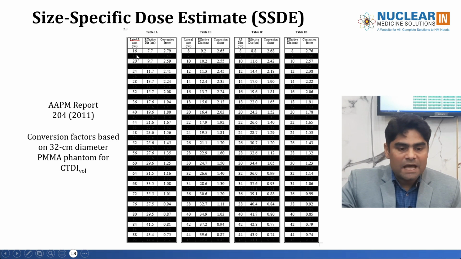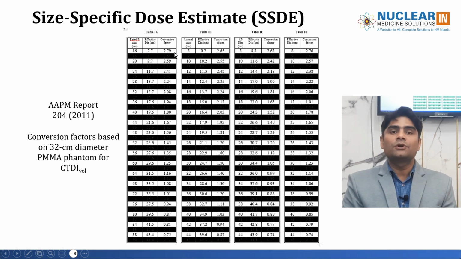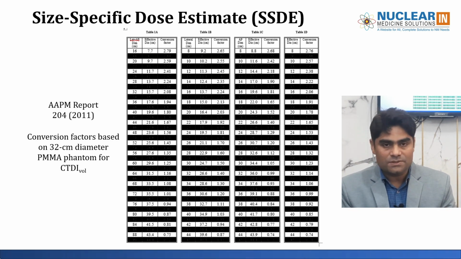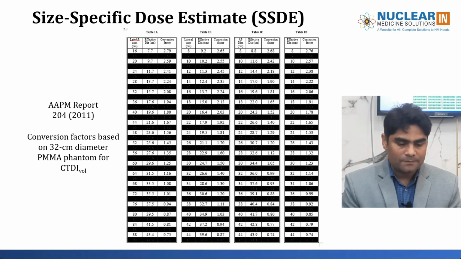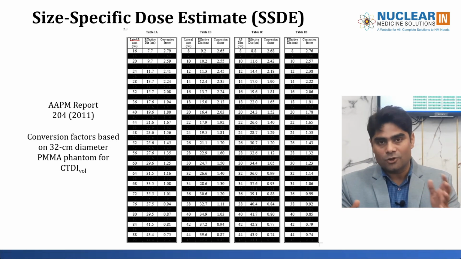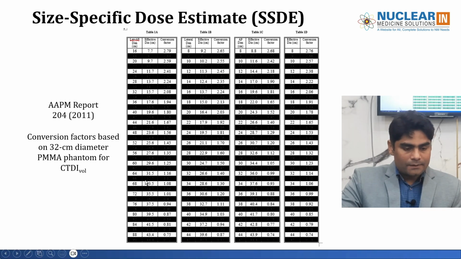If the patient has a diameter of 16 centimeters, the conversion factor will be 2.79, meaning the radiation dose to this patient will be almost 2.79 times more than the standard patient. And if the patient is very bulky, the conversion factor will be 0.72, meaning the radiation dose will be lesser than for normal people. This is for the adult body.